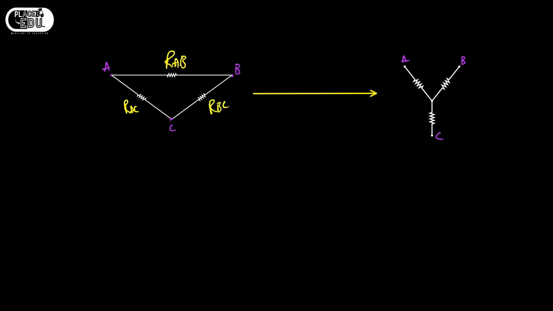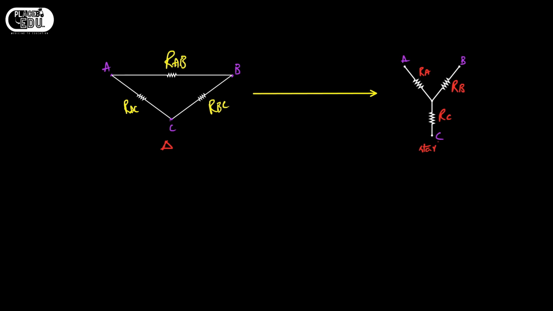The next thing is, here a resistor is connected only to the terminal A, so this is RA, this is RB, this is RC. Delta to star conversion or transformation we are going to learn today.